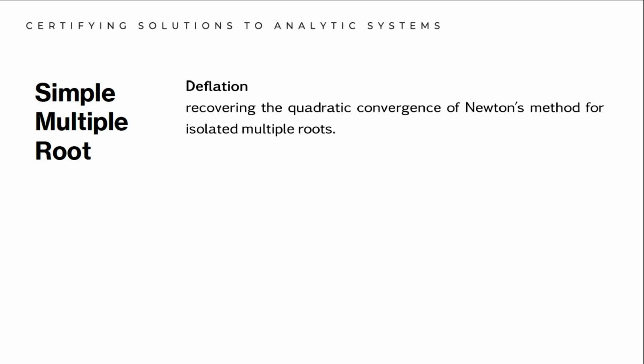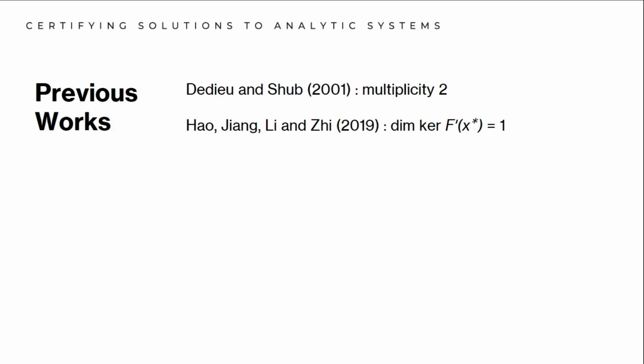Can you go back to the previous slide? Yes. The dimension of the kernel of f prime is 1. How strong a restriction is that? It covers the Didier and Shuk case, right? Yes, it covers the Shuk case. When the dimension of the kernel of the Jacobian is equal to 1, we can have a multiplicity like 2, 3, 4, or 5, arbitrarily many.